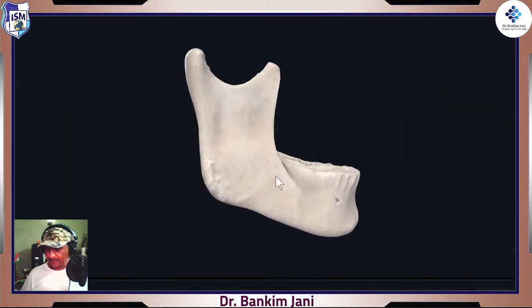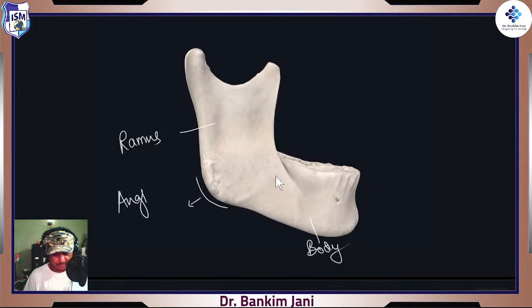So here is the side view of that mandible. Yes, we removed all the teeth also. So here is the body, and we know this one was the ramus. This portion is the angle of mandible.